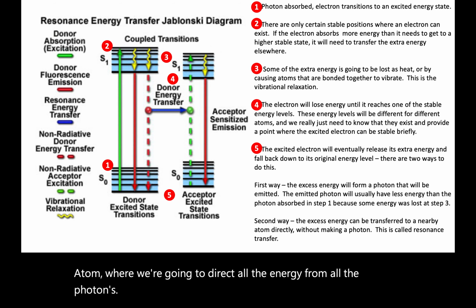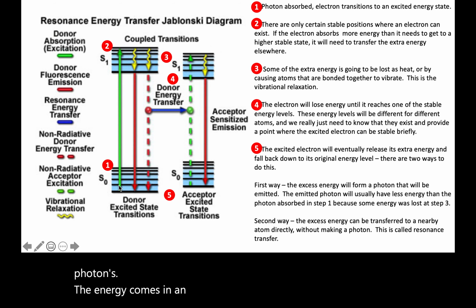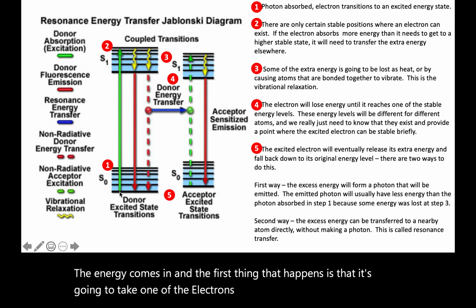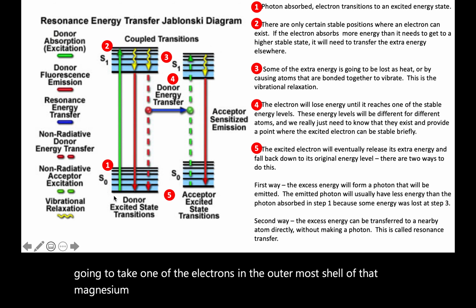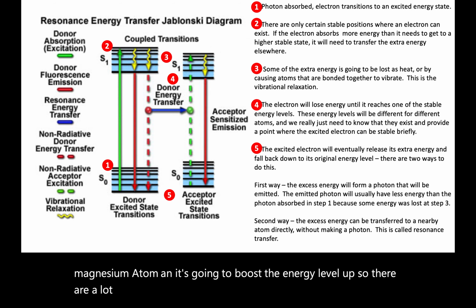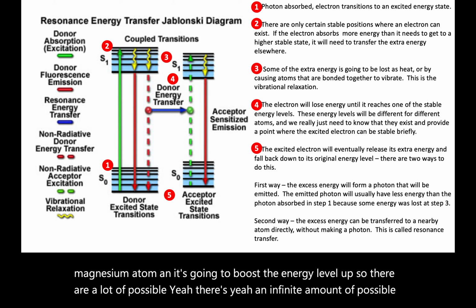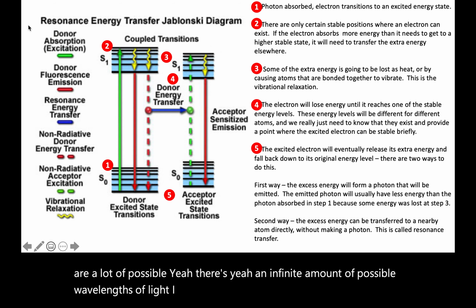The energy comes in, and the first thing that happens is that it takes one of the electrons in the outermost shell of that magnesium atom and boosts its energy level up. There's an infinite number of possible wavelengths of light, I think, and they would each carry slightly different amounts of energy.